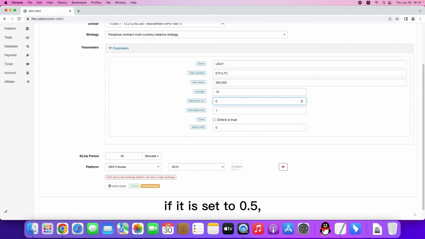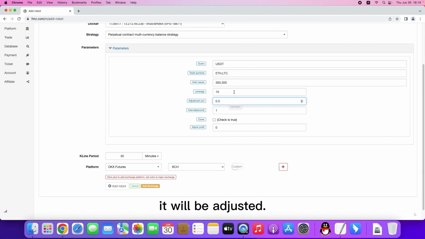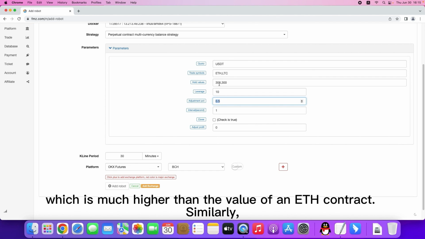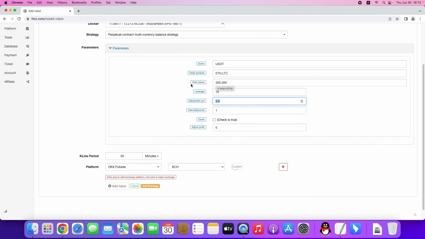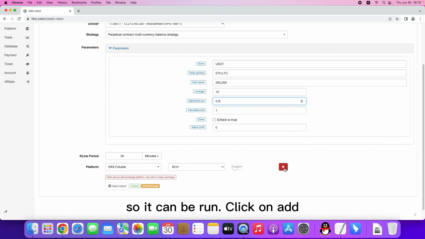For example, if it is set to 0.5, that is, when the price changes by 50%, it will be adjusted. 0.5 multiplied by 300 equals 150, which is much higher than the value of an ETH contract. Similarly, 150 is also much higher than the value of an LTC contract. So it can run.